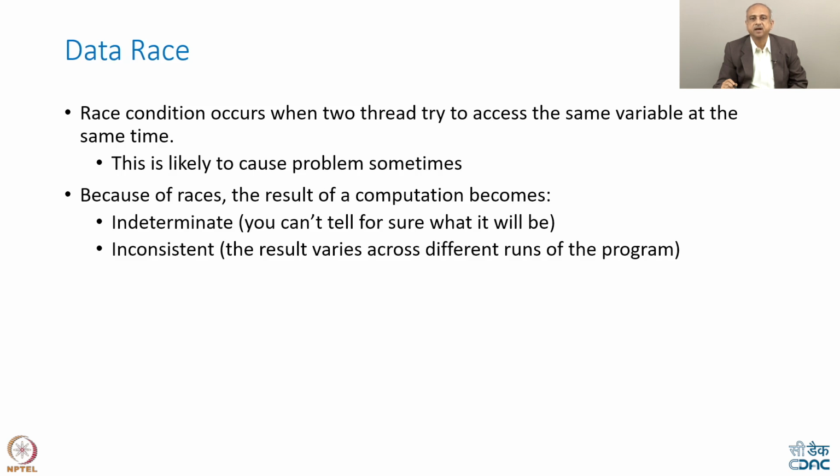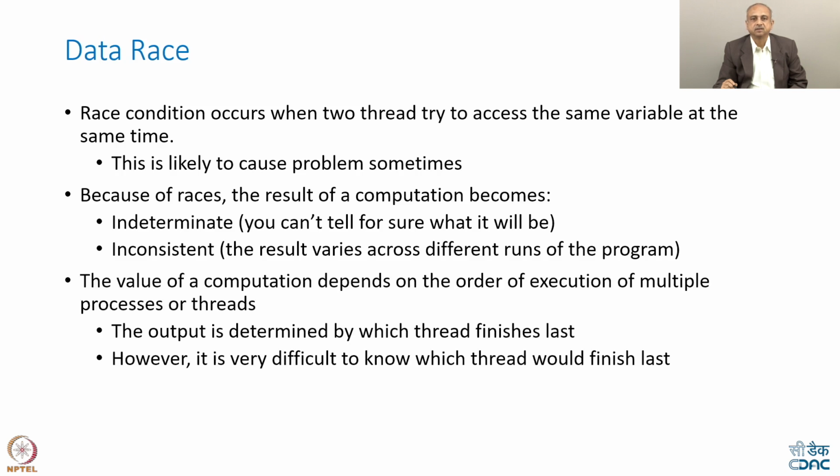Inconsistency means that you run the same program multiple times and it is not ensured that every time you will get the same result. You may get different results. This will be clear to you as we go ahead. The reason why this happens is that two threads are running on two cores, and the order in which these threads run on the cores decides what the result is going to be.